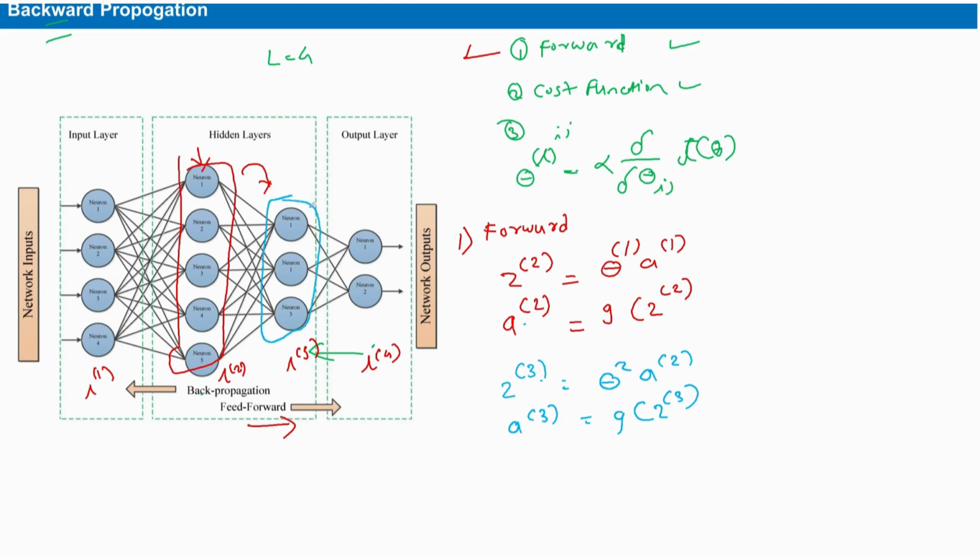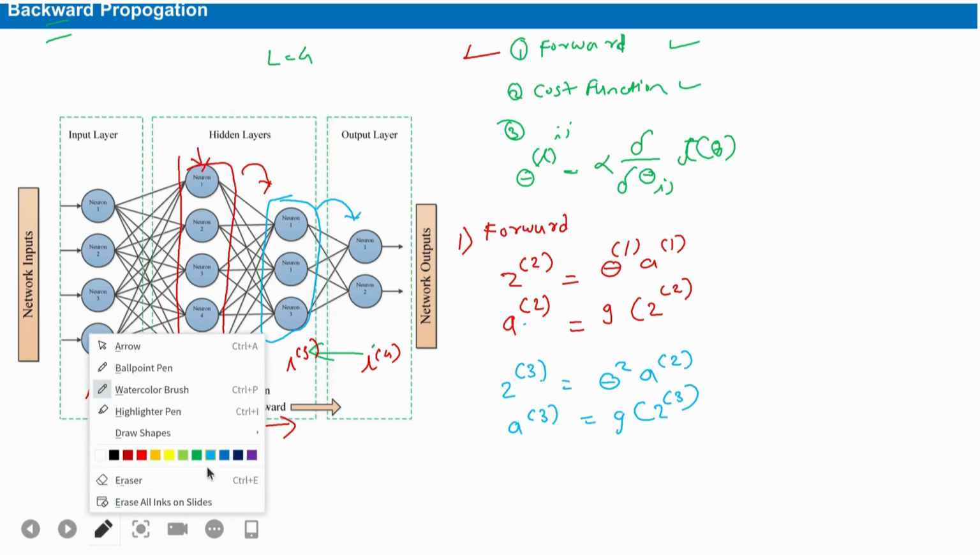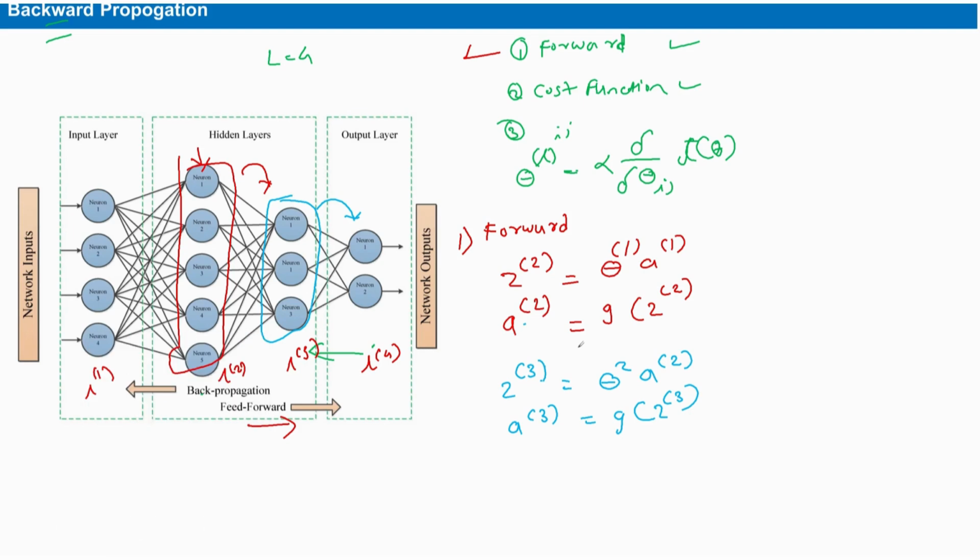Okay, then in the same way, we need to move forward. We need to find out the activations with respect to layer 4. First we need to find out the linear computation with respect to layer 4, which is theta 3 into A3.